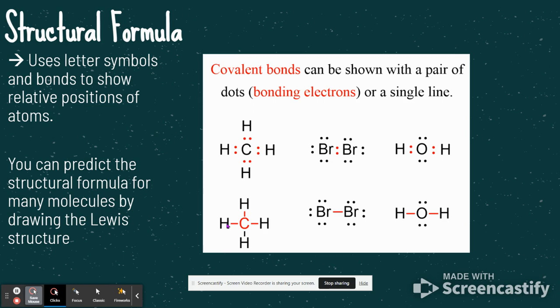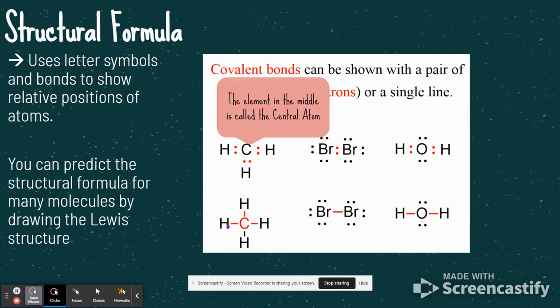Okay, so we're going to define a few things here. If you've got some empty space on your paper to make a couple of little notes, this slide has some important information. The element in the center, if there is a central atom, we'll call it the central atom. This is the one that is bonded to all the things around it.